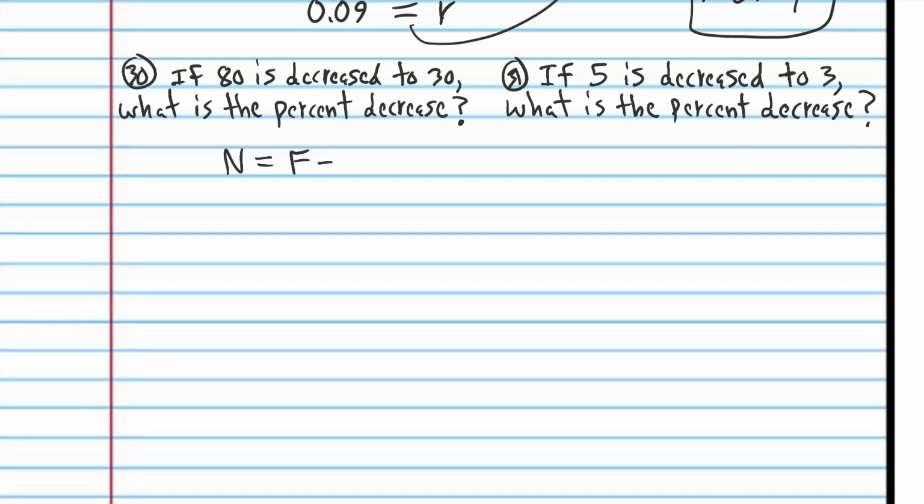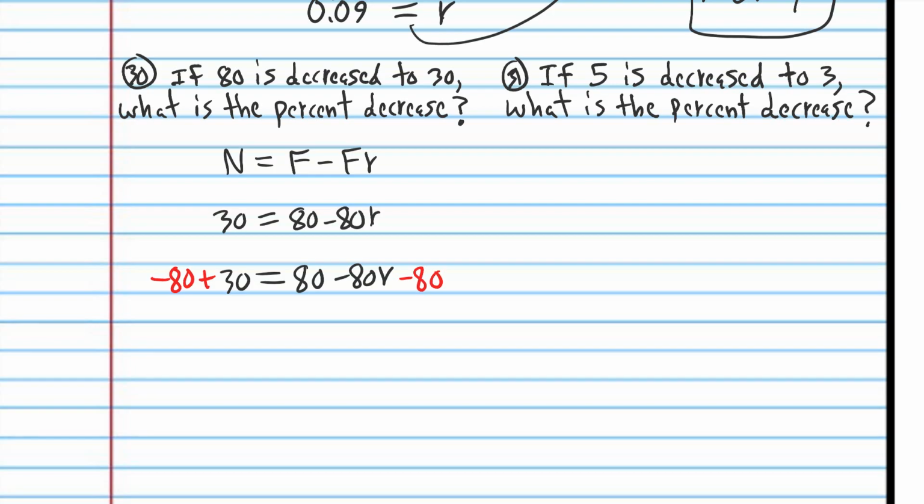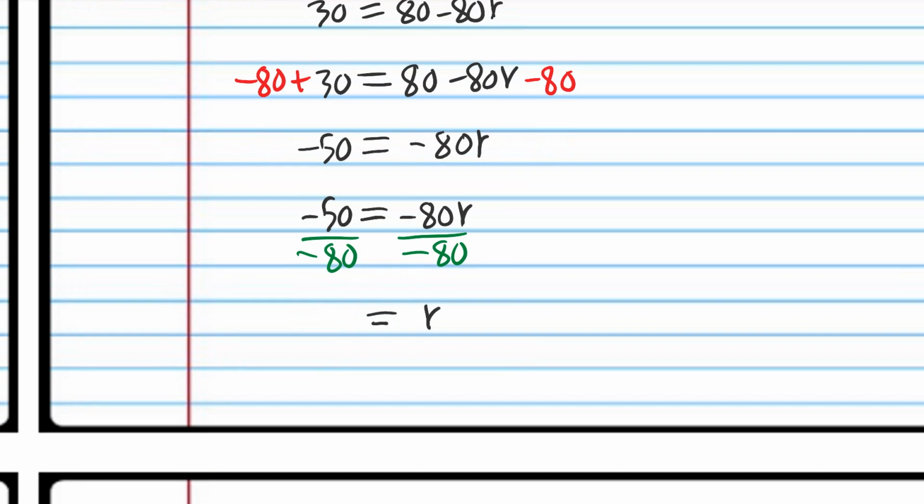All right, we're back. All right, 50 divided by 80 is 0.625.